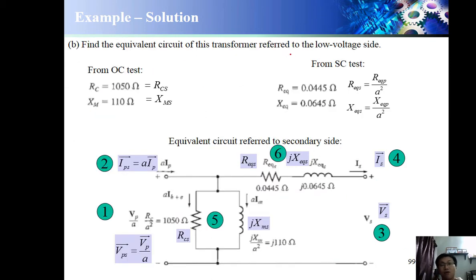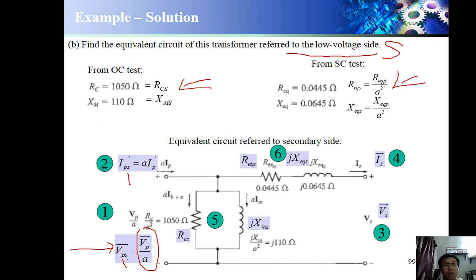So we also need to refer to the low voltage side, which is the secondary side. Next, we just directly convert the primary side to the secondary side, or we just directly do the conversion. Then we write again A. Okay, we convert the primary current to the secondary side, become this one.